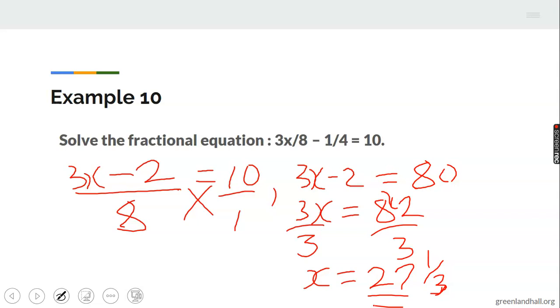It will not be easy to keep drawing the balancing diagram here and there. So that's why we employ the method of collecting like terms.